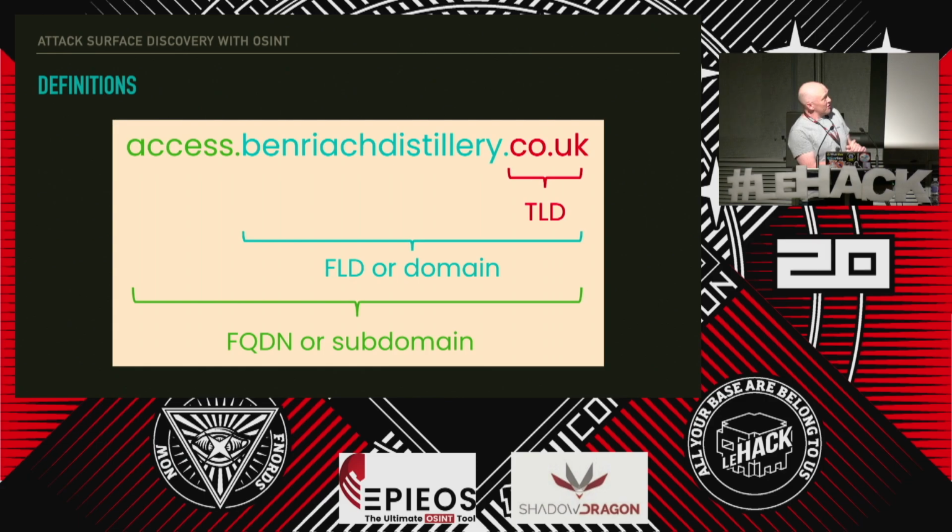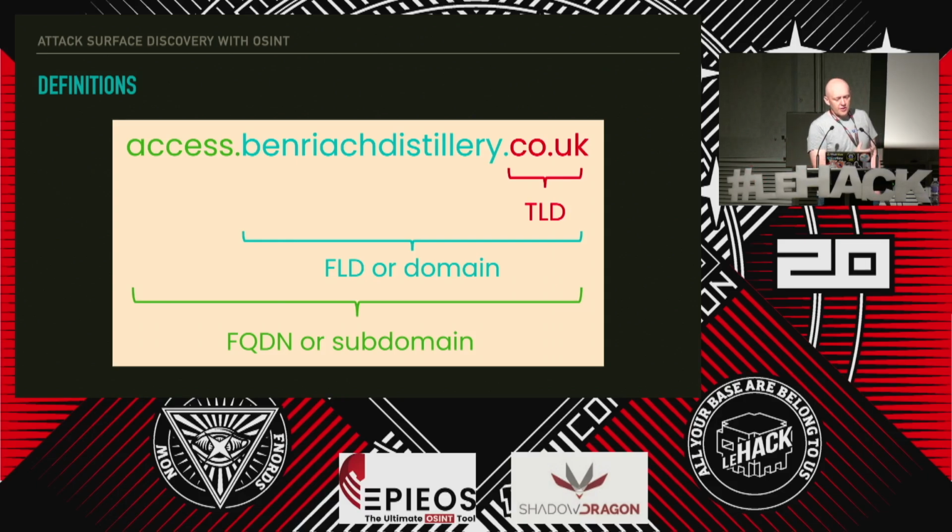Some definitions. For this workshop, I'm going to use these terms. TLD is top-level domain, of course. And TLD is not just the last bit of the domain, because it's basically where the registrar is that's providing the domain names. So co.uk is a TLD, gouv.fr is a TLD.